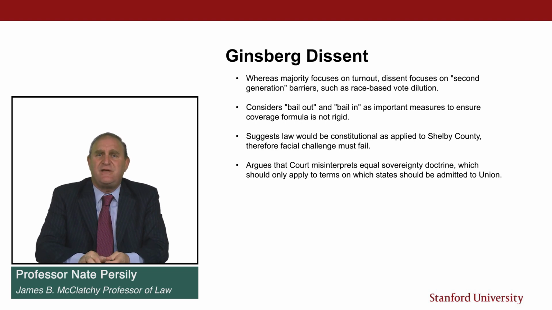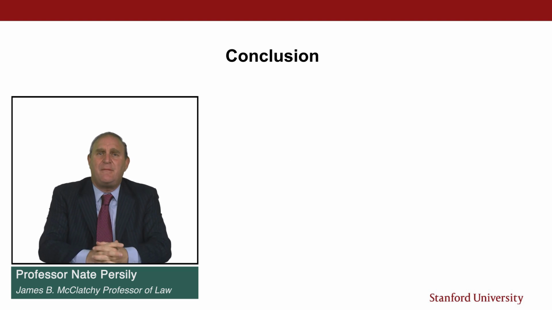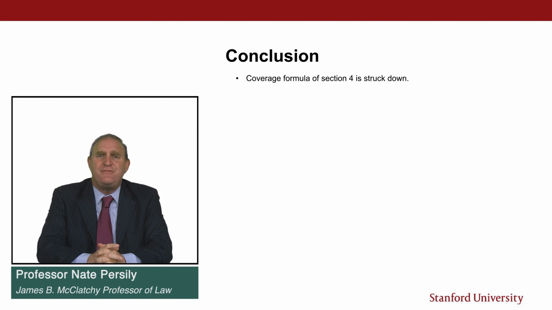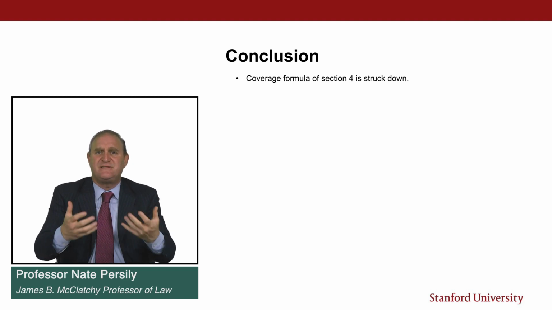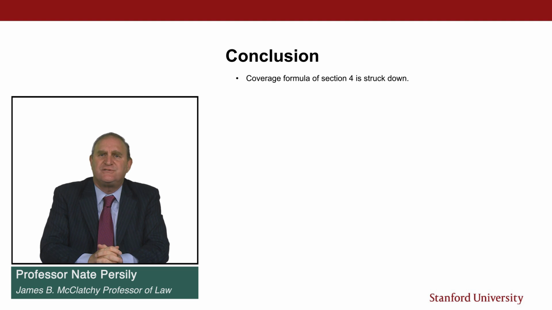So here's where we are, which is that the coverage formula of Section 4 is struck down by Shelby County versus Holder. This whole notion of preclearance, whether you can force jurisdictions to get preclearance from the federal government, the court certainly upheld that in South Carolina versus Katzenbach and other cases.